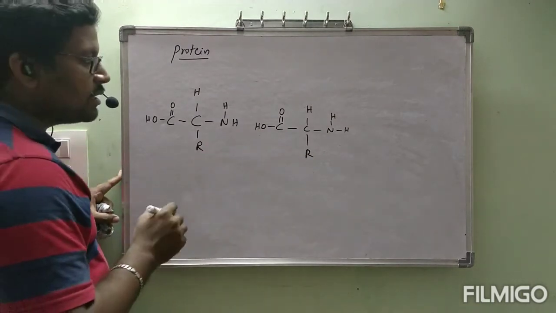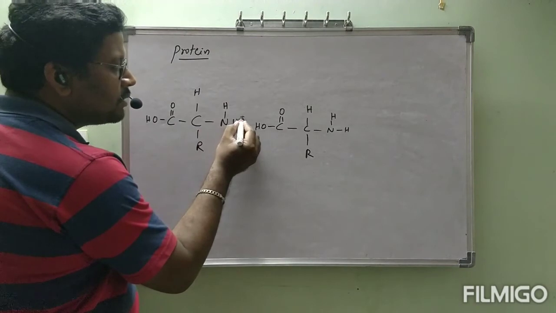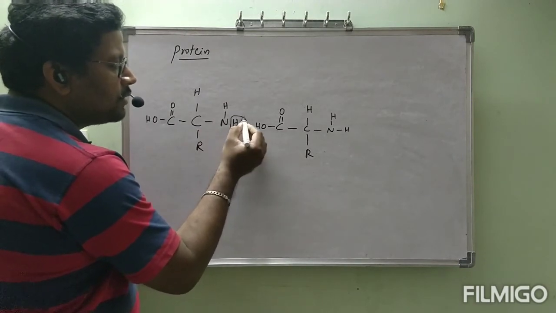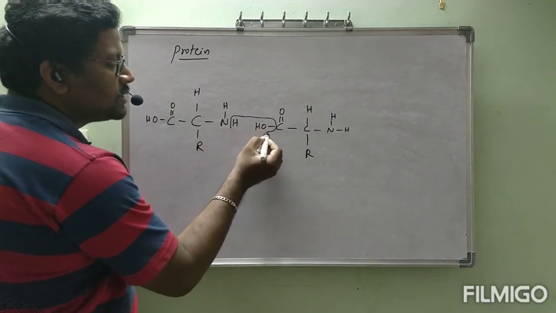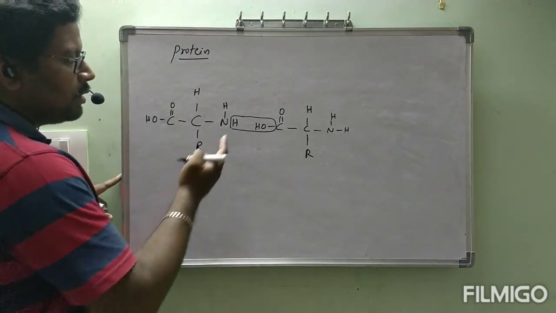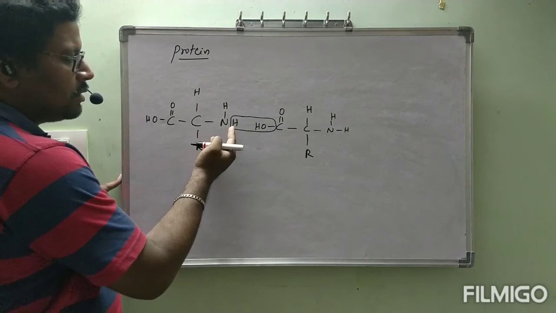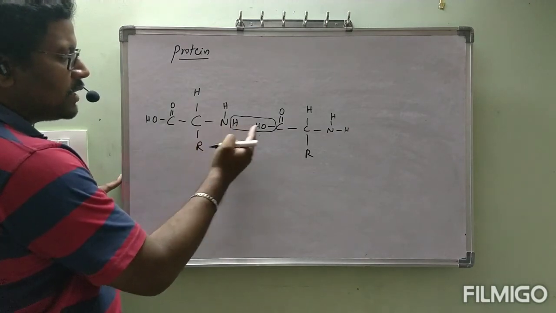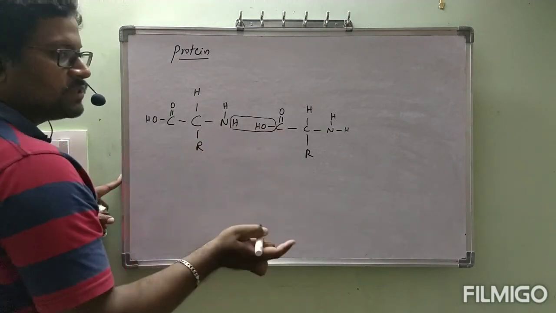But what is happening here? Hydrogen present on the NH2 group and OH present on COOH will be removed as water. Hydrogen present on nitrogen and OH present on carbon will be removed as water.